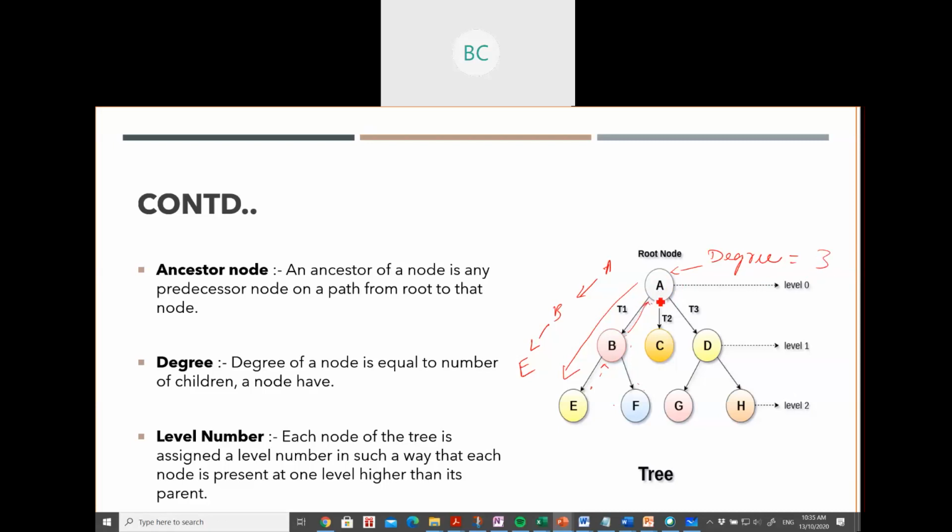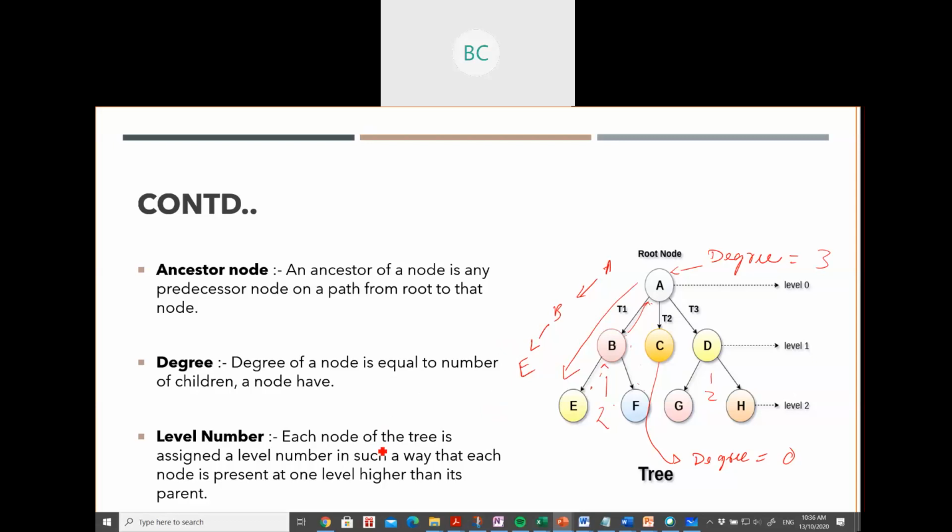So for node A there are 3 children, so the degree of A is 3. Now what will be the degree of C? 0. Correct. And for B and D, the degree is 2 because there are two children.